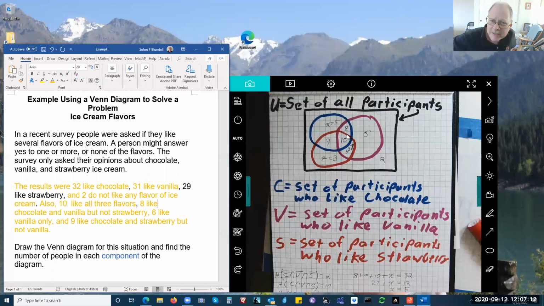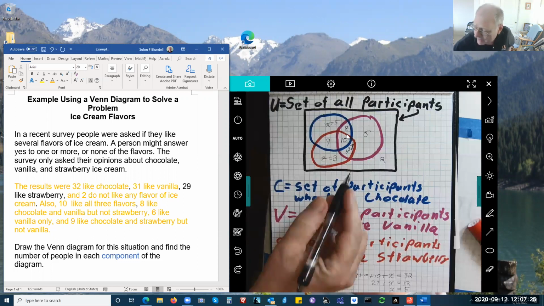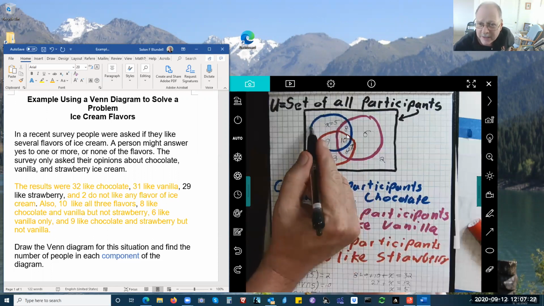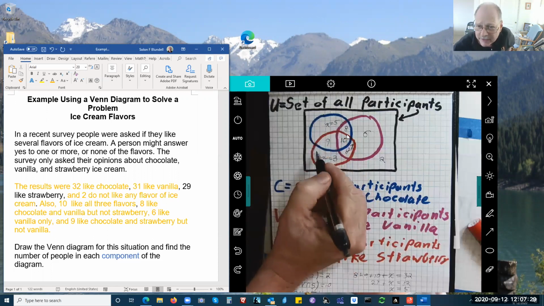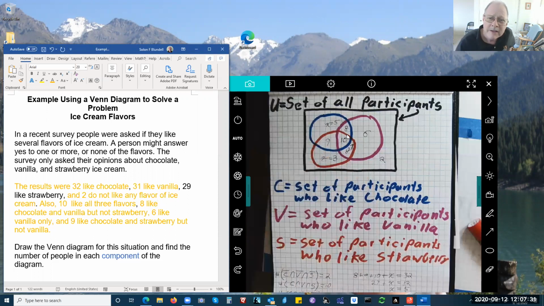The homework question is only 3 sets, like our chocolate, vanilla, strawberry. It's not 4. You could do 4, but it's a little harder to draw that 4th set in there. It has to be kind of a snake that wraps around so that you get a component for every possible kind of overlap.